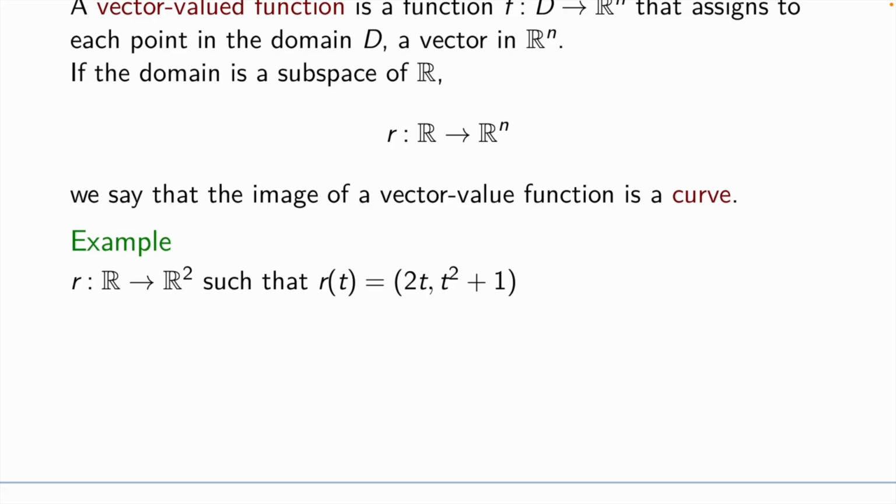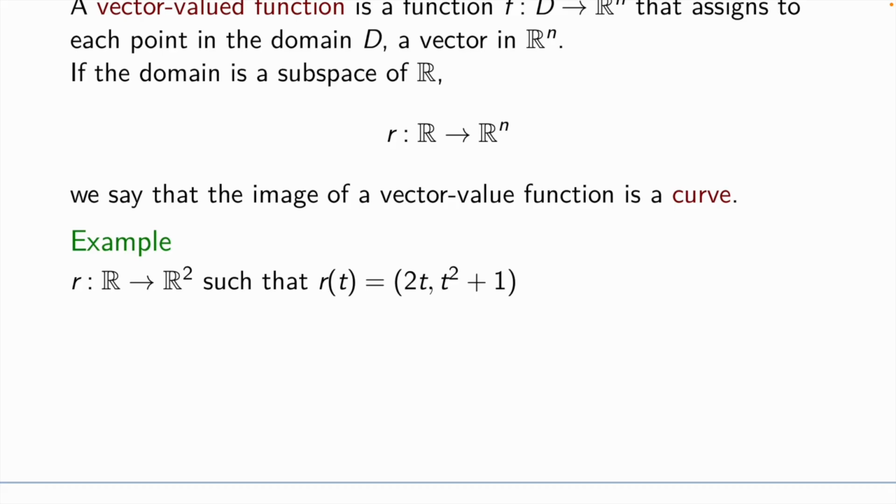This is a function that goes from the real numbers to R2. So the type of vectors that this function is going to assign to each real number is going to be a vector in R2. So we can look at how this curve looks, how the image of R is going to be in R2.